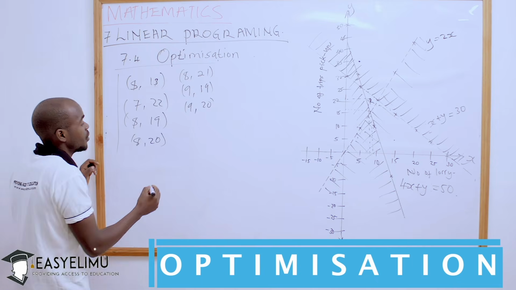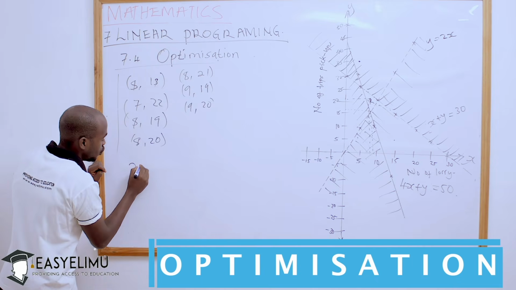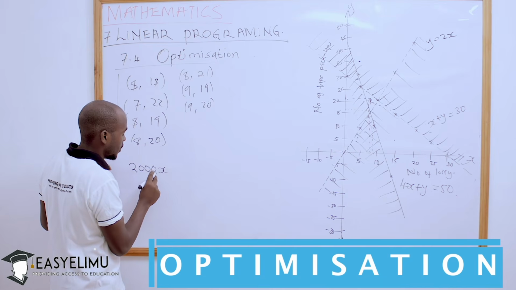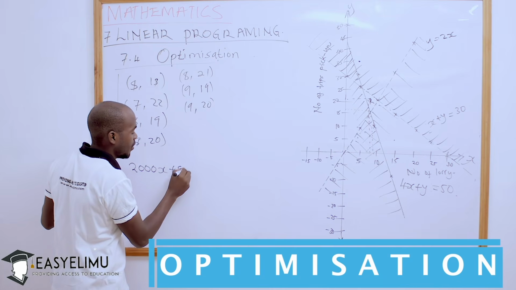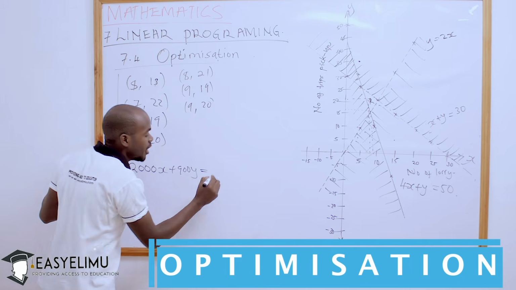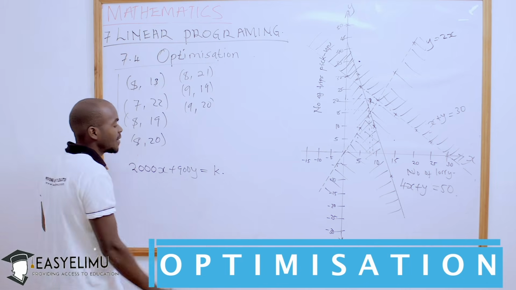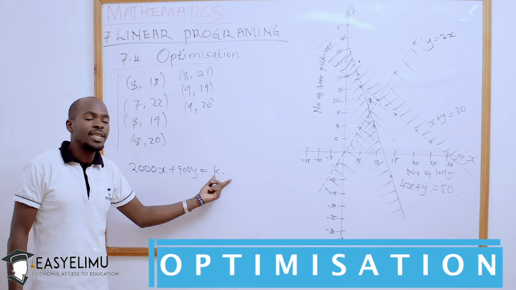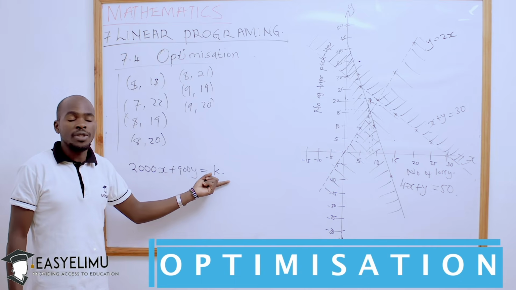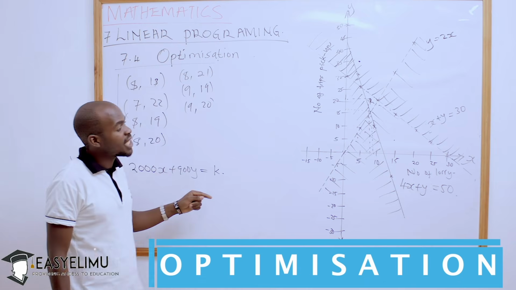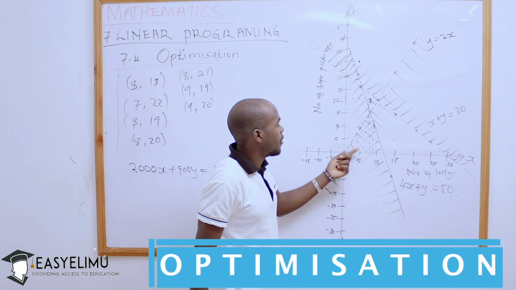So if you select that one, then we are going to use that which we had, 2000x plus 900y. We shall say let this be equivalent to a certain constant, and if we use this one, we are going to get the expenditure that the contractor will use. But we don't know how much it will be. So we are going to select a point like (5, 10).